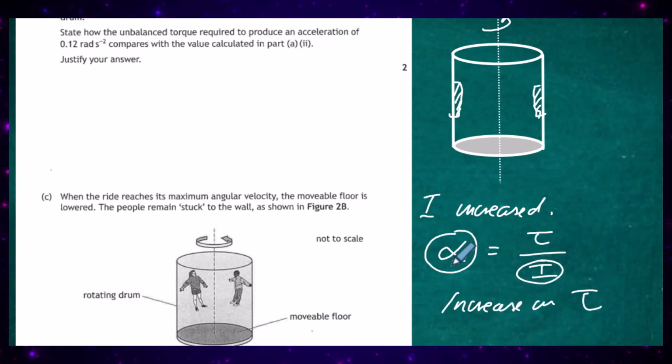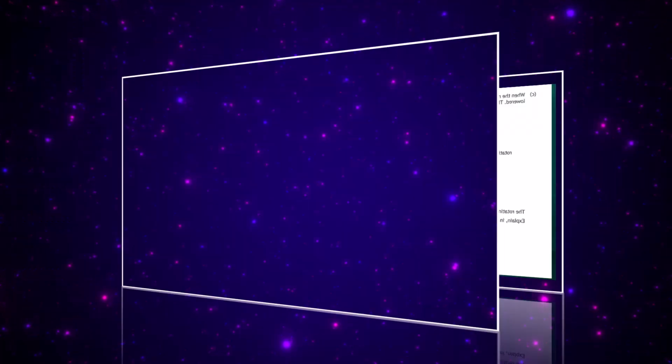Make this number bigger, and you have to make the torque bigger to keep the same ratio, which gives you the angular acceleration. So make the torque bigger because there's been an increase in the moment of inertia.